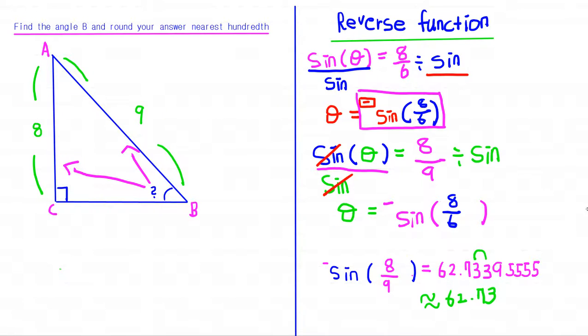So I will write down here the answer to this question: reverse sine of 8 over 9 is approximately 62.73. And this is our answer to this question.